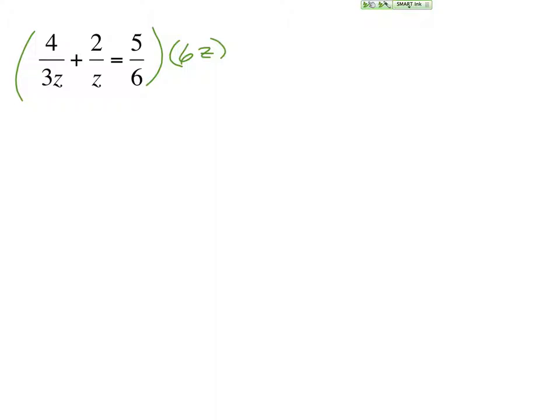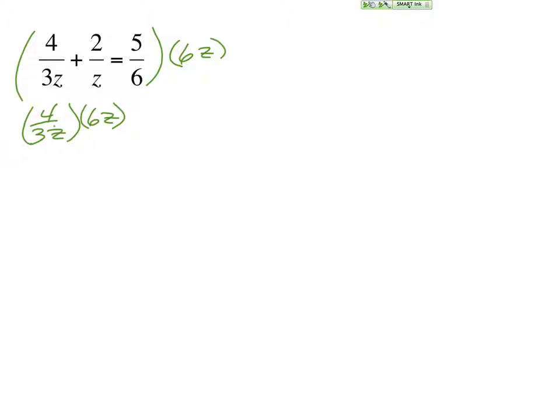Okay. So I'm going to take 6z times all 3 of these. What happens when I multiply those two? I could go ahead and multiply it out, but there's some stuff that cancels that makes it easier. What cancels?